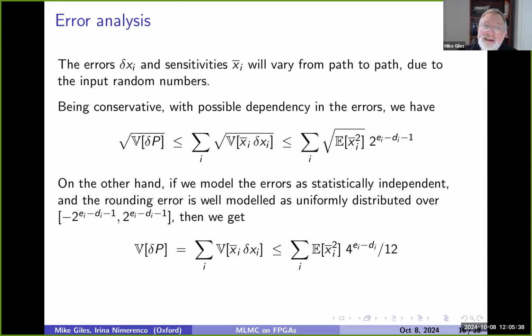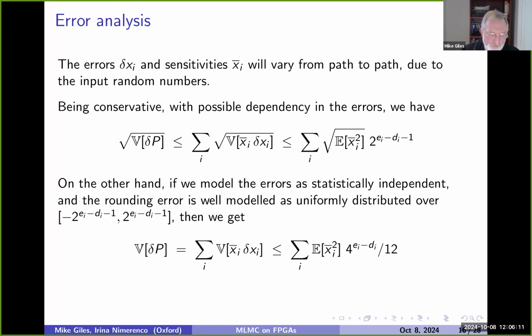And if we do that, then the variance of the final output is a sum of the variances of each of the intermediate errors. And that's bounded then by the expected square times 4 to the e minus d divided by 12. So that 12 number comes from working out what the mean square error is for this uniformly distributed rounding error.